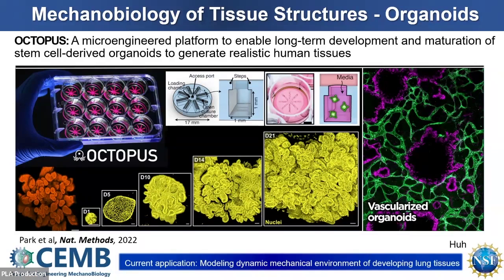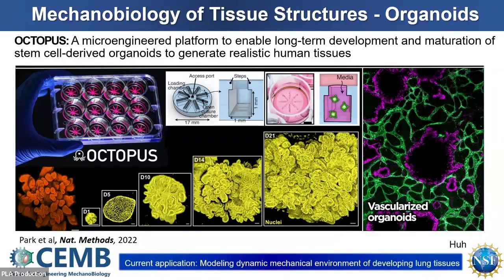He's been able to redesign and create what's called an octopus system, with inserts that go right into your 96 well plate or culture dishes. And it allows for, again, fairly large growth of these organoids that are fully viable throughout the core.